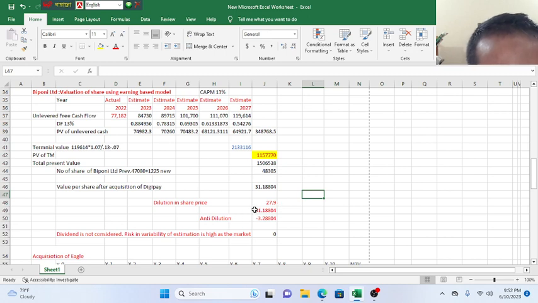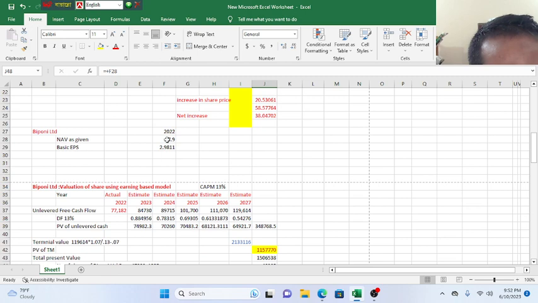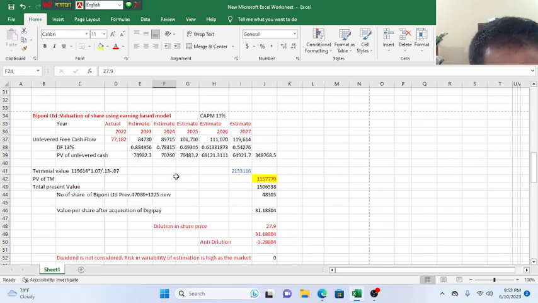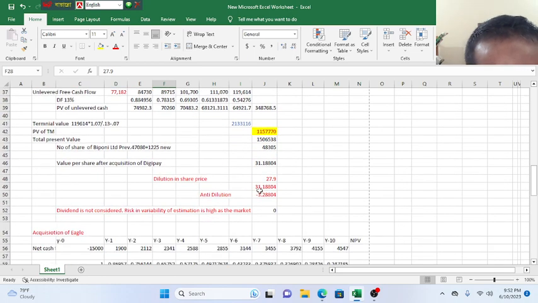Dilution, there is no dilution, as 27 was previously, we have seen 27 in 2022. Now after acquisition of DGPay, their share price will be increased to 31.18. So there is no dilution, this is anti-dilution, 3.3 taka anti-dilution.